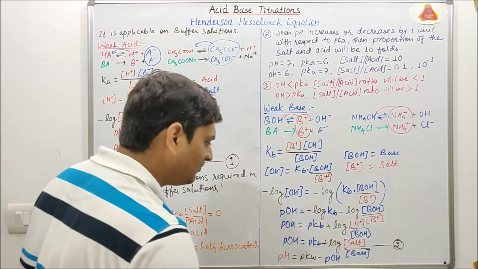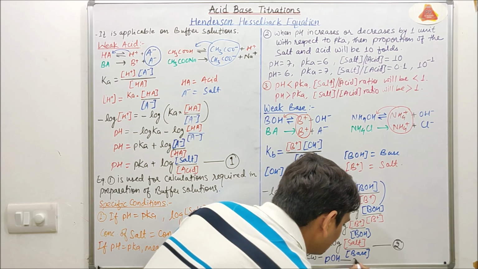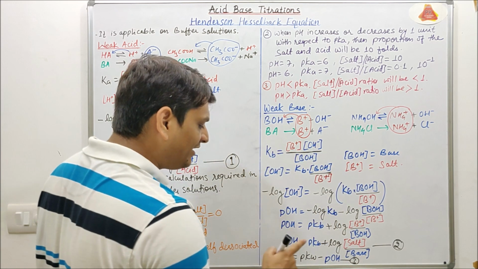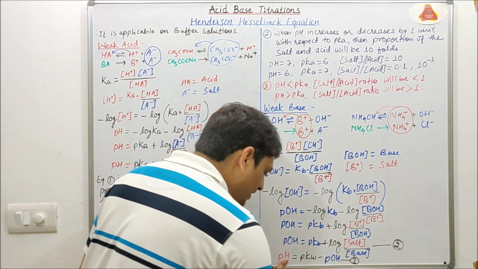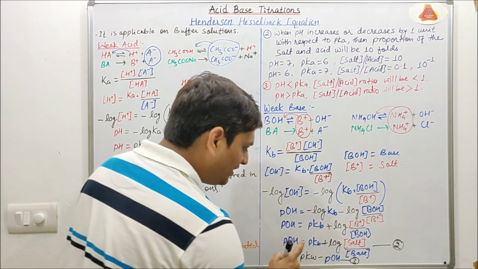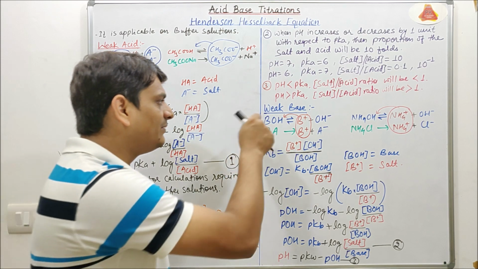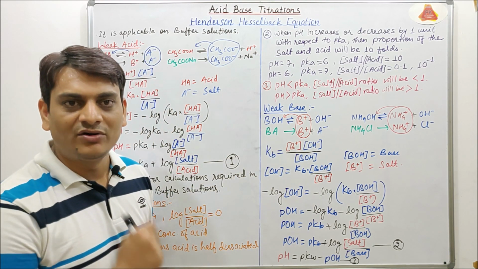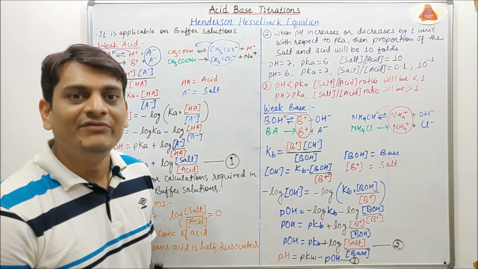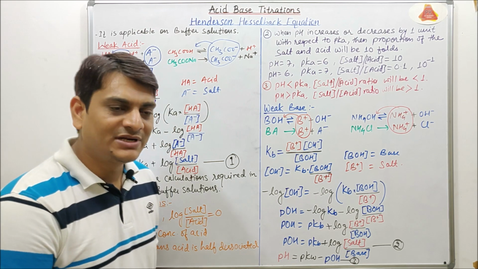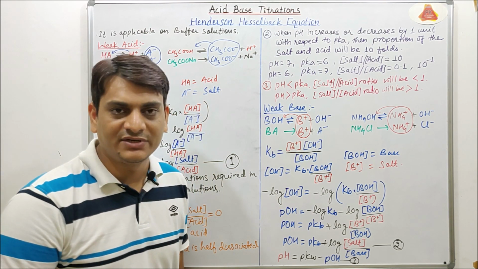So let's take this as equation 3. By using this equation 3 we can calculate the value of pH with the help of pOH. And these conditions for the Henderson Hasselbalch equation for weak base can be considered accordingly. Now in my next video I will discuss some numerical problems related to this Henderson Hasselbalch equation. Thank you.